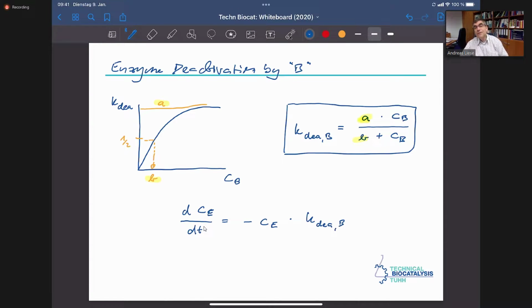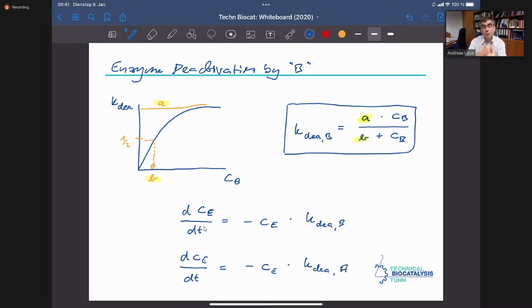And for sure, if the deactivation is not in B but is in A, we can formulate the same thing, that we say the concentration of E is changing by time minus concentration of E times the deactivation constant in A. So now we can integrate this in our overall simulation model. And we do have a full description.